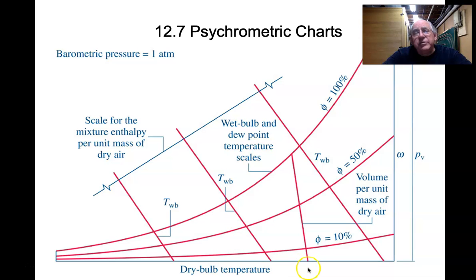If we have a dry bulb temperature, there is a saturation pressure associated with that, and then the PV divided by that saturation pressure would give us the value of the relative humidity. So these are lines of constant relative humidity. The chart is only valid up to the saturation condition, which is a relative humidity of 100%.